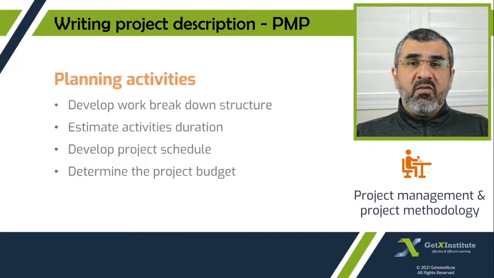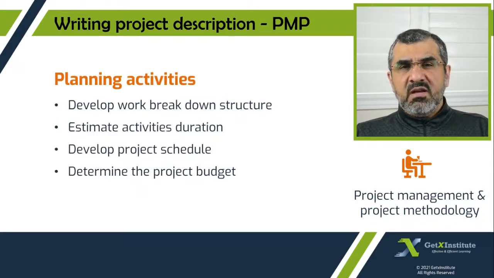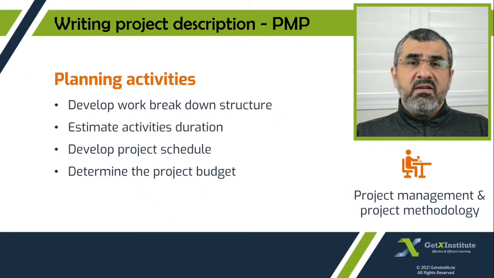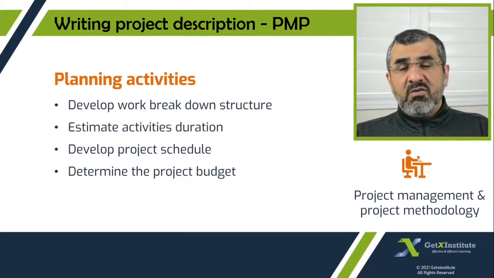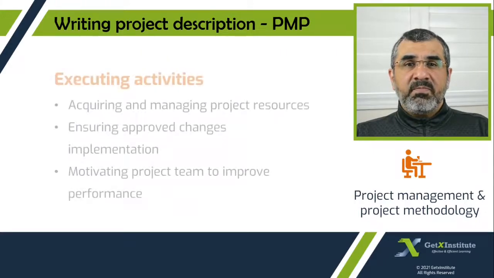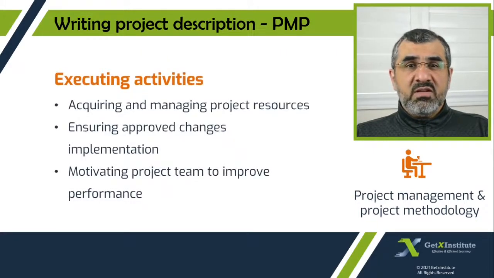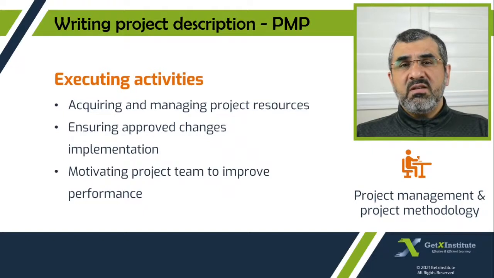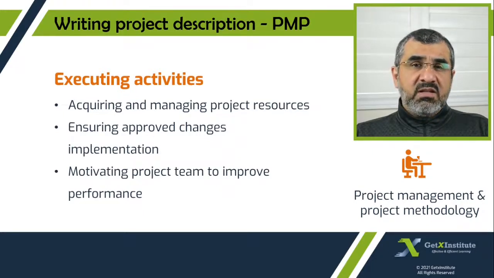Then examples of planning activities: develop work breakdown structure, estimate activities durations, develop project schedule, and determine the project budget. Next is executing activities examples: acquiring and managing project resources, ensuring project changes implementation, and motivating project team to improve performance.